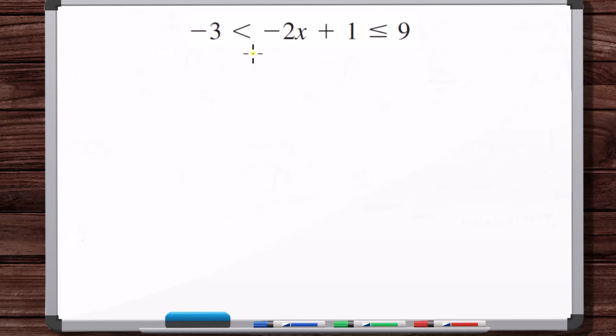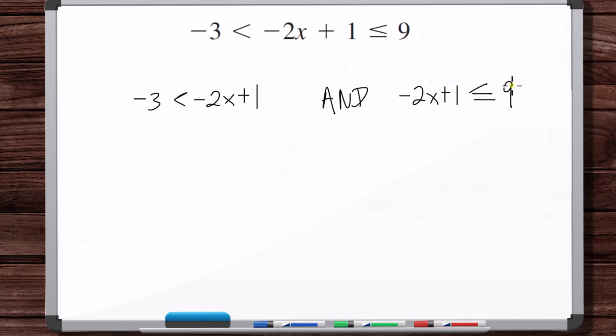It's a special case where you're saying minus 3 is less than minus 2x plus 1, and minus 2x plus 1 is less than or equal to 9. Right?